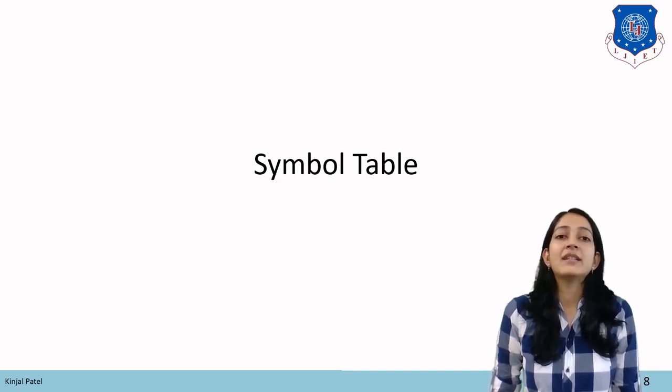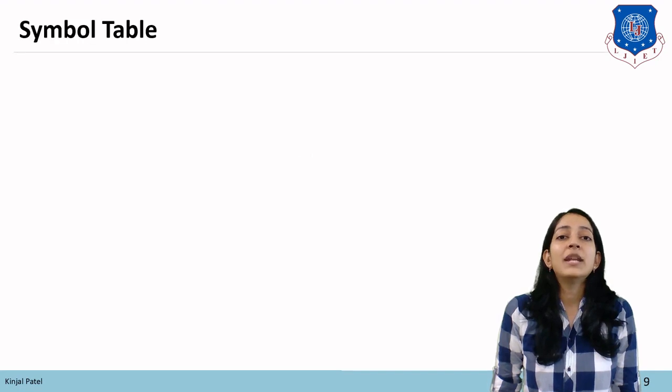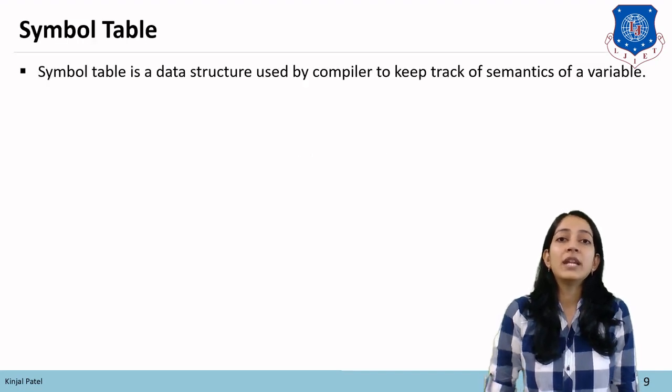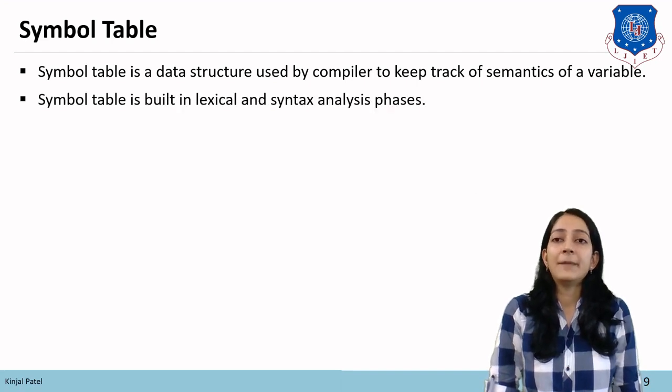Now next is a symbol table. So symbol table is used to store the information of variables. So it is a data structure used by compiler to keep track of semantics of a variable. So symbol table is built in lexical and syntax analysis phases.